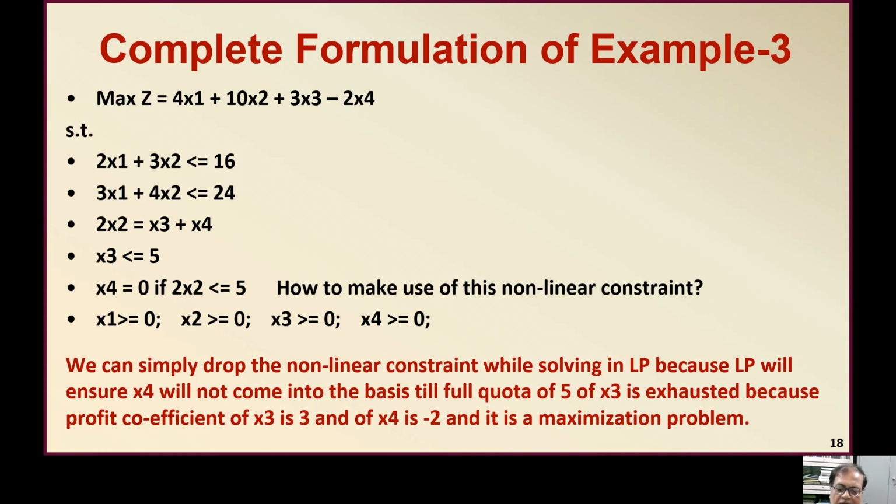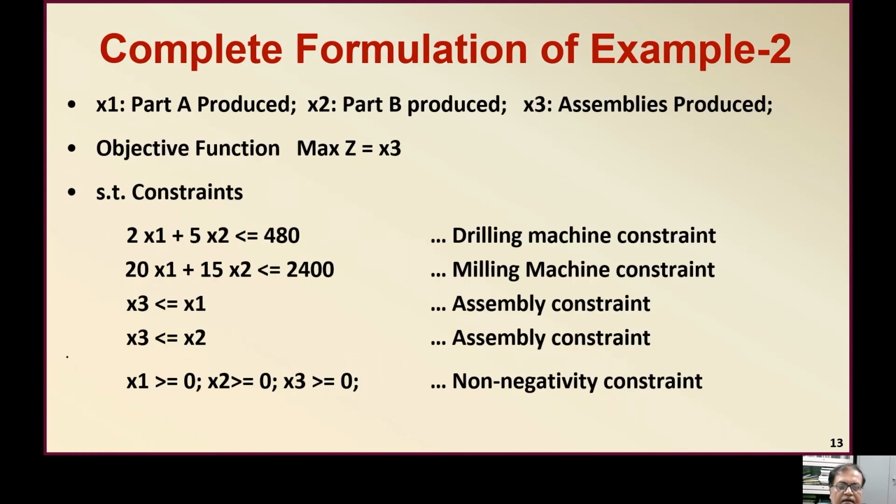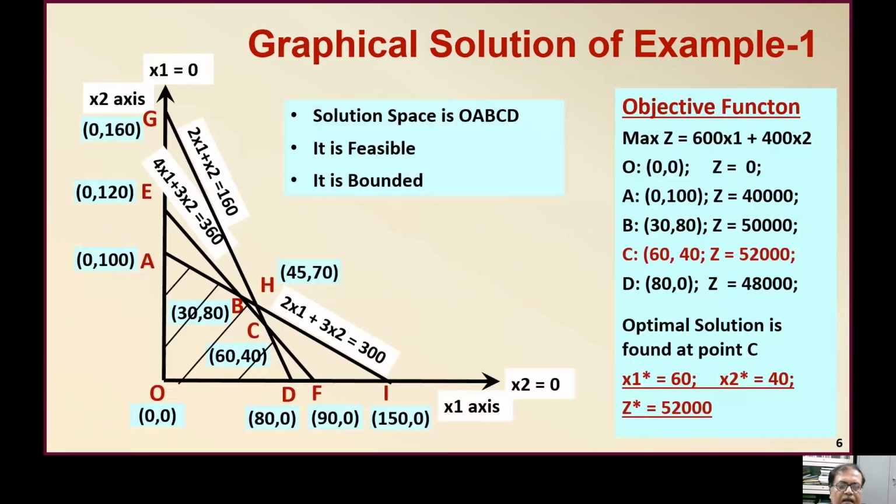What is the benefit of linear programming? Let's go back to that graphical solution once again. The benefit is very simple. This is our feasible solution space O, A, B, C, D, and in this feasible solution space, the optimal solution is lying at the corner points only. Right? One of the corner points is my optimal solution.